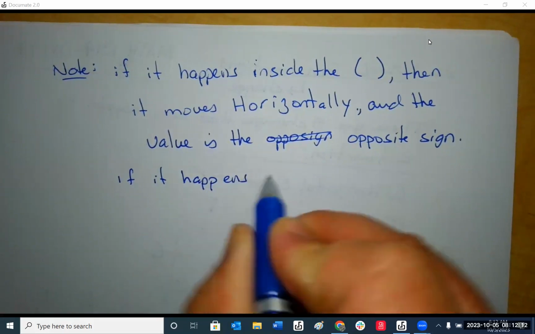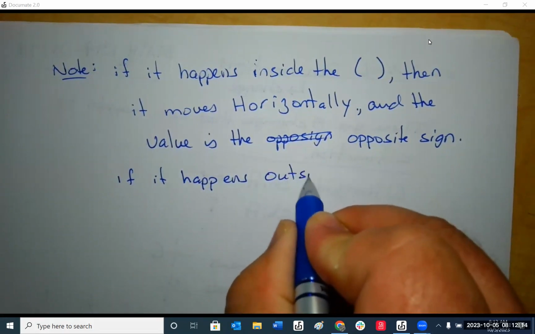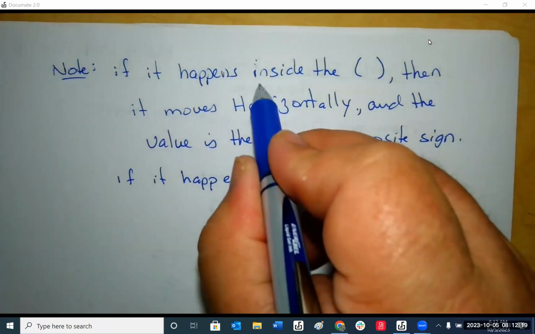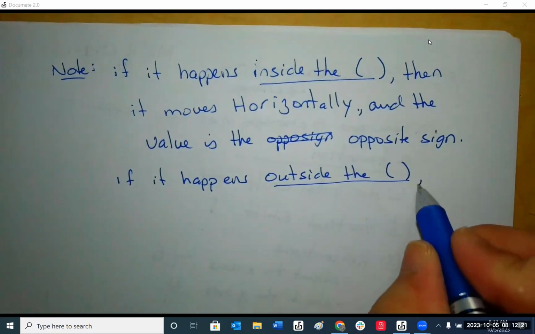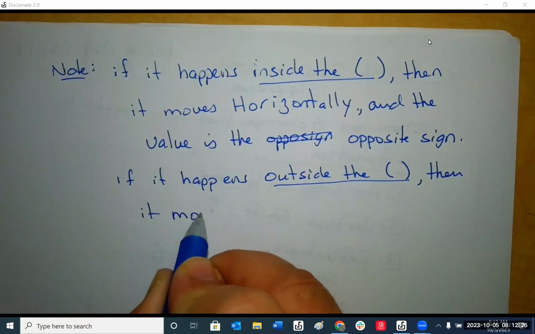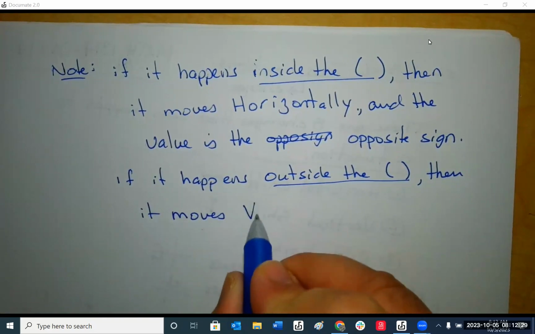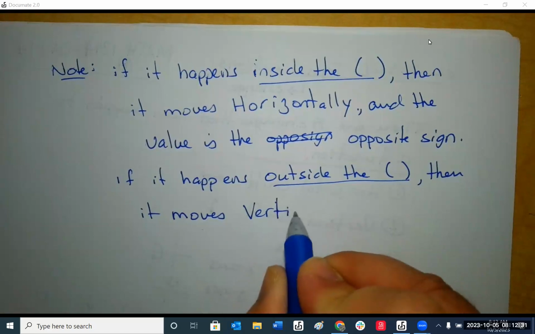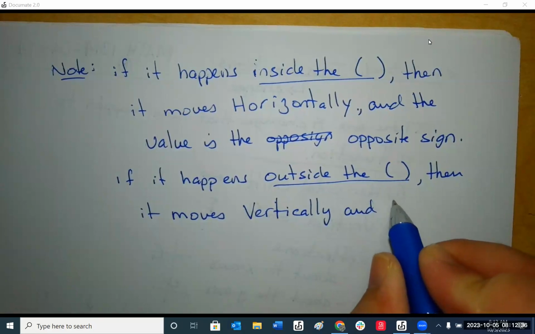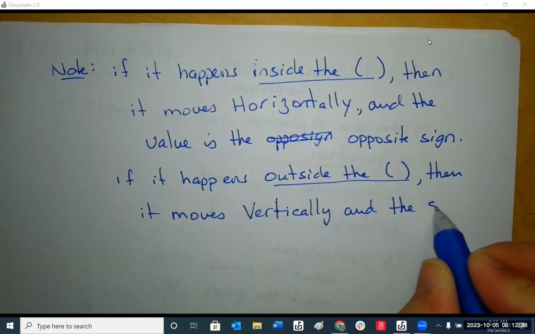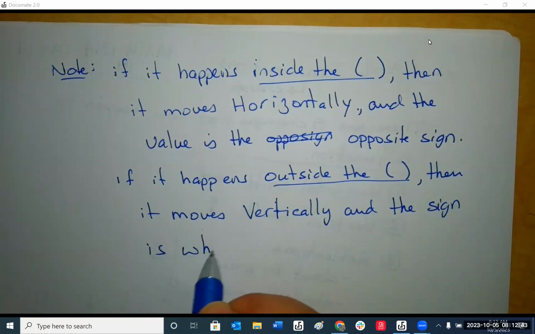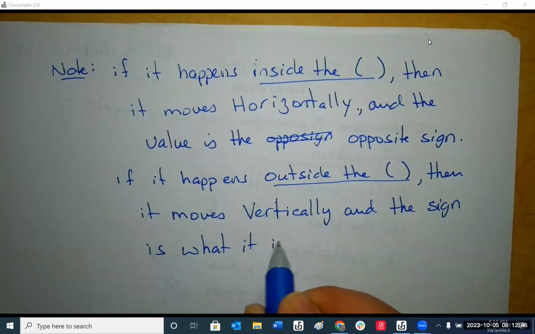If it happens outside the parentheses, then it moves vertically and the sign is what it is.